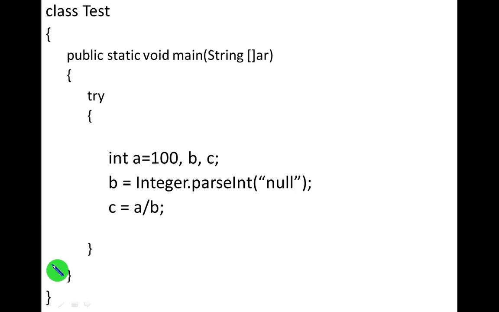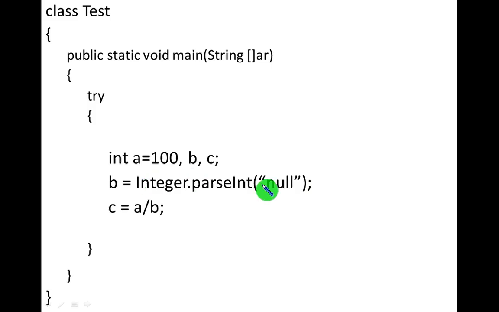Initially we are declaring three variables, namely A, B, C. For A we are assigning the value 100. Note it down: for B we are giving a null value, after converting the null value using Integer.parseInt of null. Suppose if it is 12 or 13, that can be easily converted.